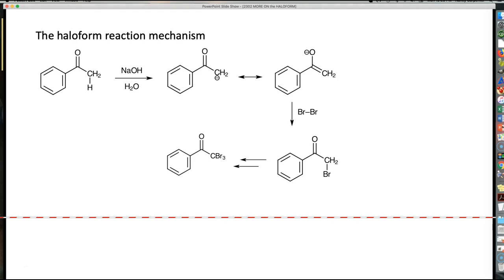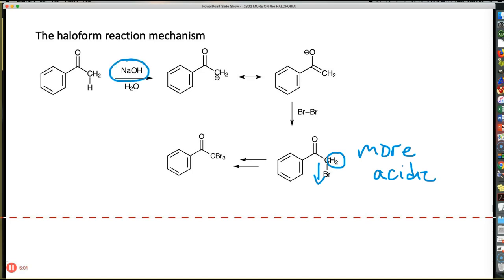What is different about the haloform reaction is that, once I've put a bromine on there with its electron withdrawing electronegativity, I am making these alpha hydrogens more acidic and more likely to be deprotonated.